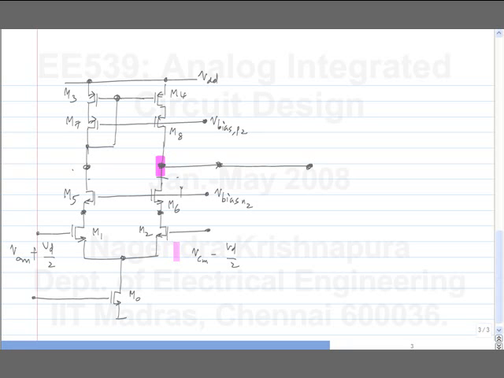The only point where you get a consistent solution is these two nodes being equal. So let's connect a voltage source of that particular value, VDD minus VGS3, whatever it is. What will be the current here? 0 in the quiescent condition.